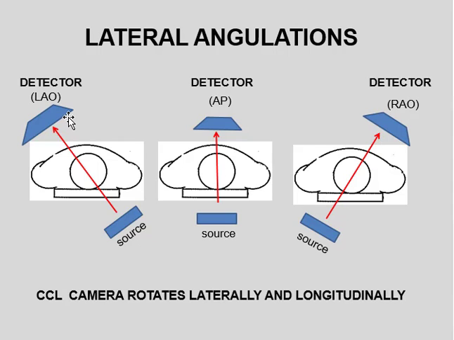When the detector moves to the left side of the patient, it's called the left anterior oblique view, LAO. We take our direction, our lateral angulations from the position of the detector. So remember though, the camera rotates not just laterally, but also longitudinally from the head to the feet. Think of the detector as a camera picking up the shadow images from the source as an X-ray. It'll become clearer as we move on.